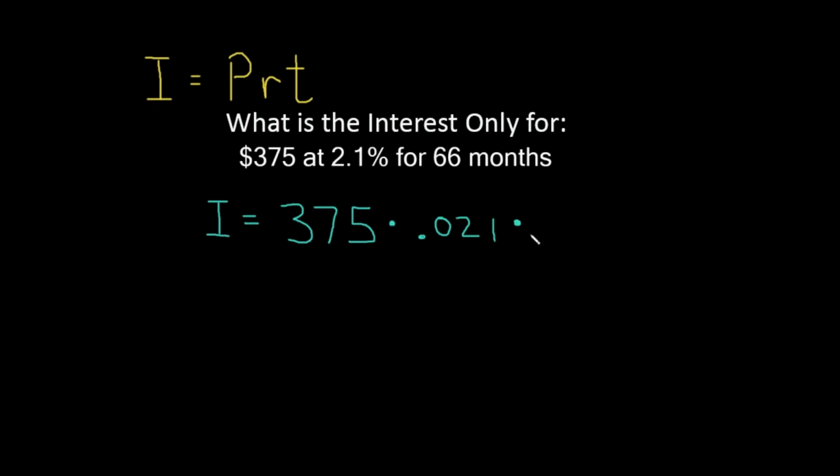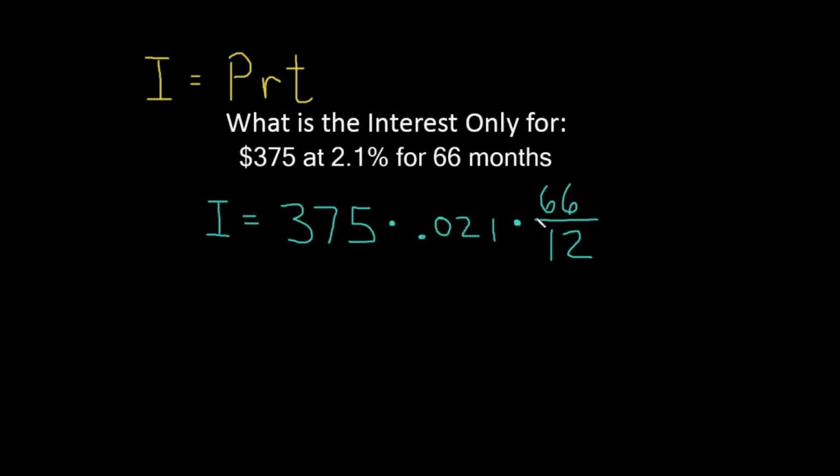66 months. Now it has to be in years. So how do we determine years from 66 months? Well, the easiest way is you just put the months over how many months is in a year, which is 12. And you might be thinking, what in the heck is that?